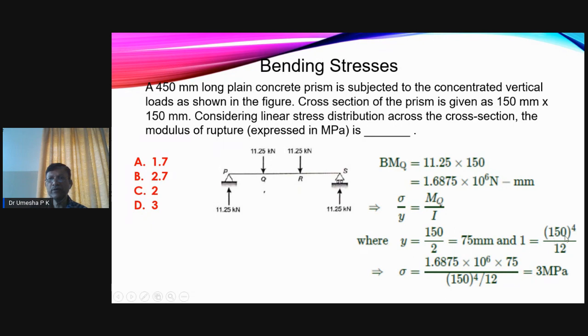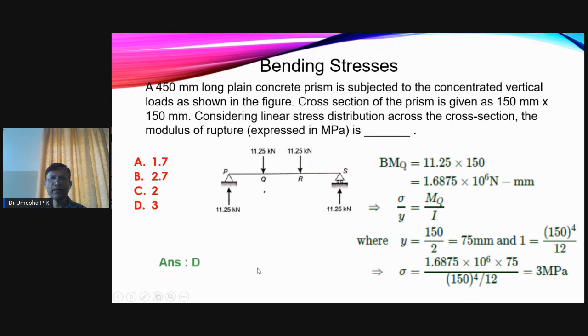I is equal to 150 to the power of 4 divided by 12, that is B to the power of 4 by 12. So you can calculate the maximum stress. You calculate the bending moment, and we know the Y value divided by I. So you'll be getting 3 MPa.